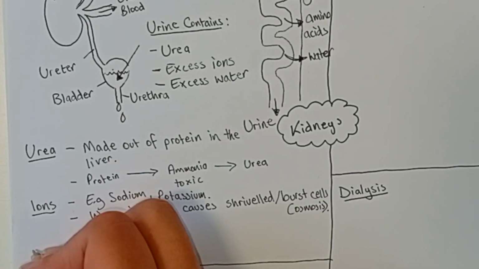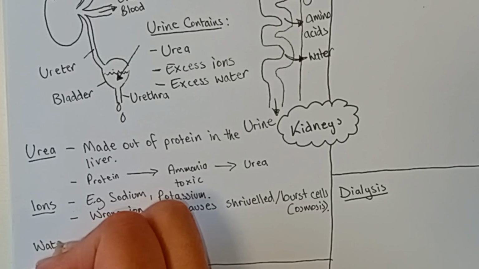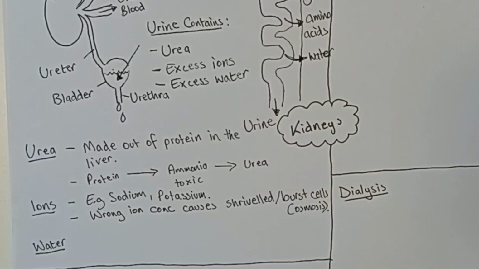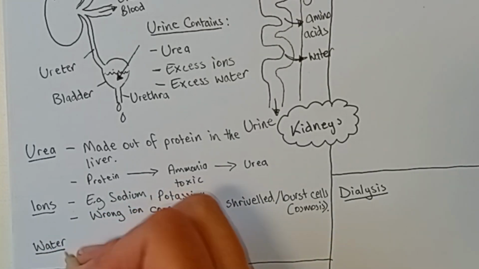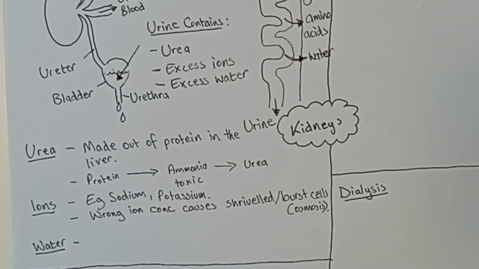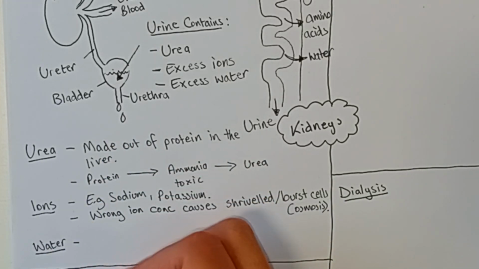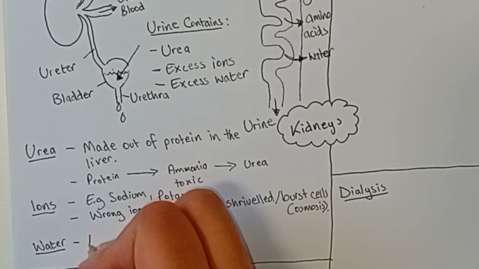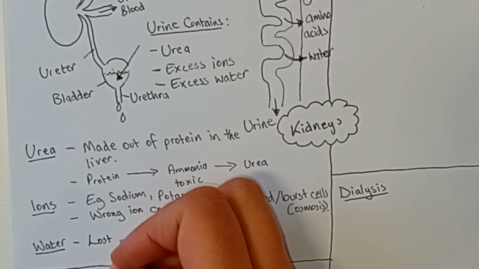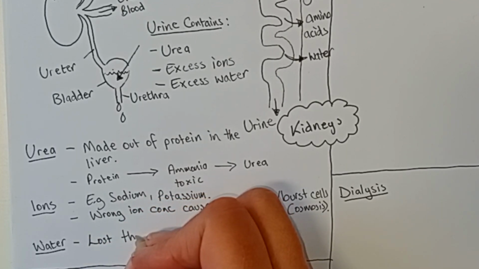And lastly, for the same reason really, you need to control the amount of water in your body. Water is not only lost through urine, it's lost through sweat, and when you exhale, you breathe out metabolic water in your breath, so you also lose water through sweat and through your lungs.